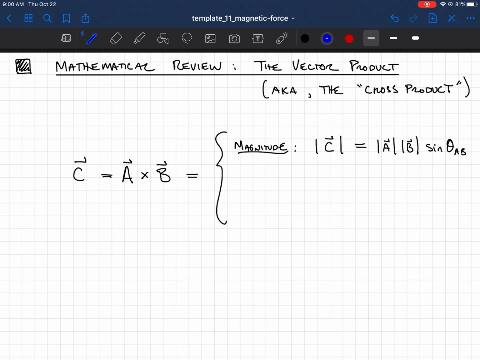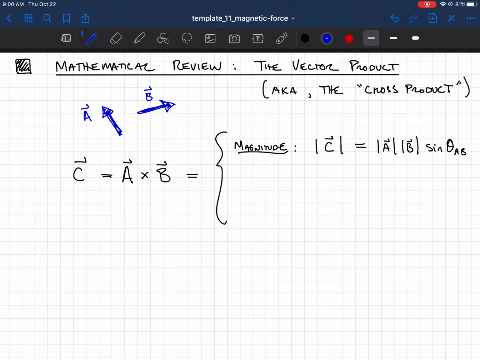So if we had a vector A that looks like this maybe, and a vector B that looks like this, then the angle that we're talking about here is the angle when you put their tails together.